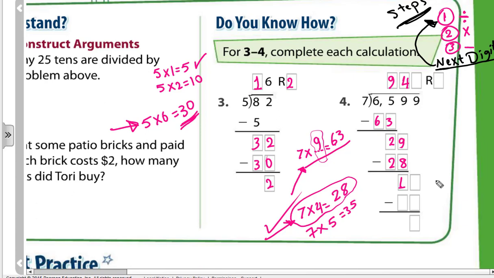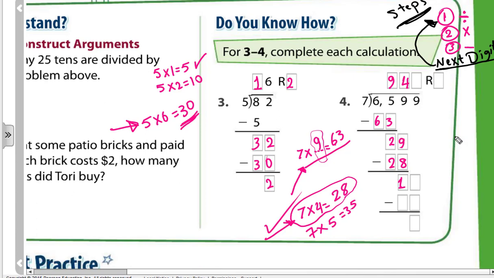Ahmed Fahad, what is the next step? We've finished the subtraction, and we have the remainder 1.